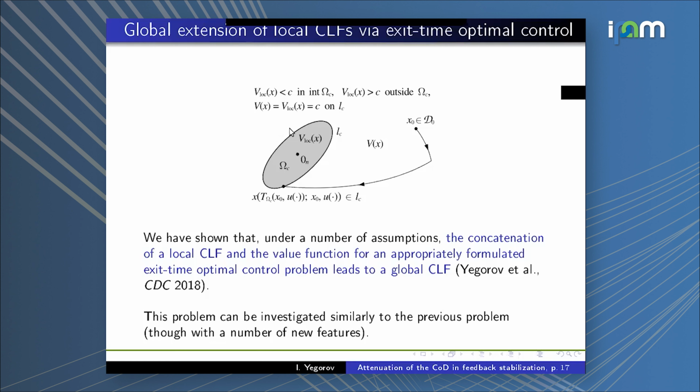So we can find a certain sublevel set of our local control Lyapunov function V local, such that inside this set, which we denote by omega C, where C is the level, it works. So then our problem is first to reach this sublevel set, and then if we are inside this set, we can switch to our local stabilizer related to VLocal.